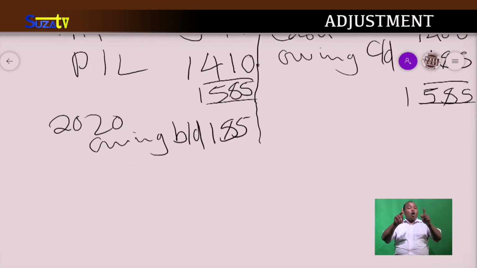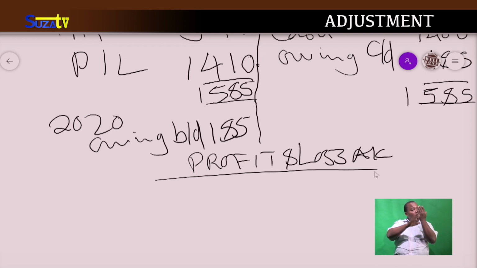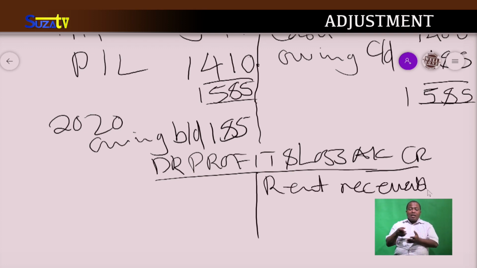Then transfer the difference to the P and L account. Draw here the profit and loss account. You put here credit, debit. You say that rent receivable, how much? 1,410.